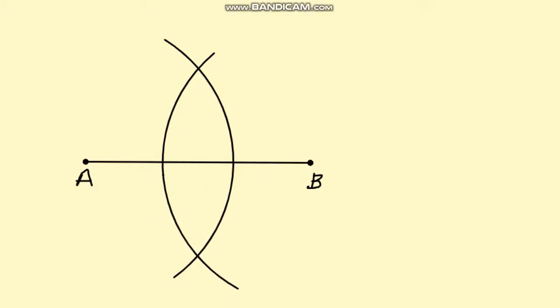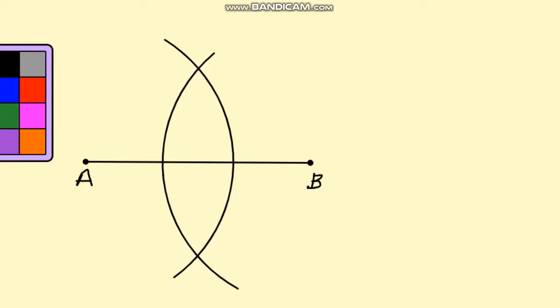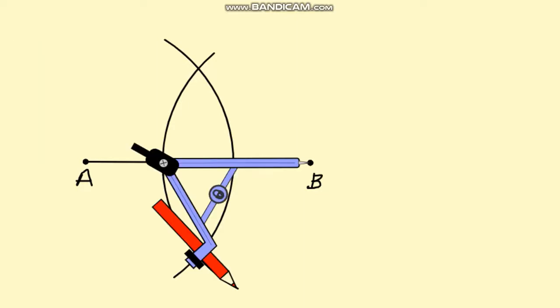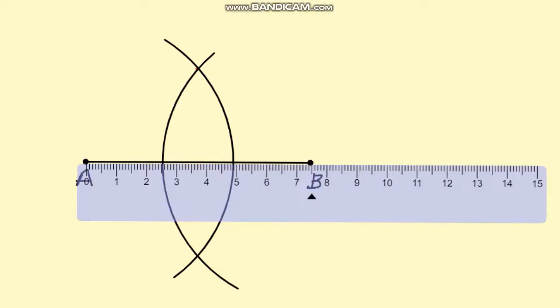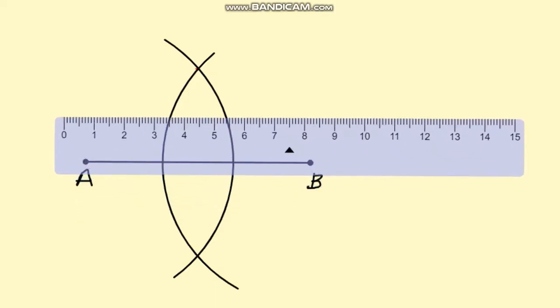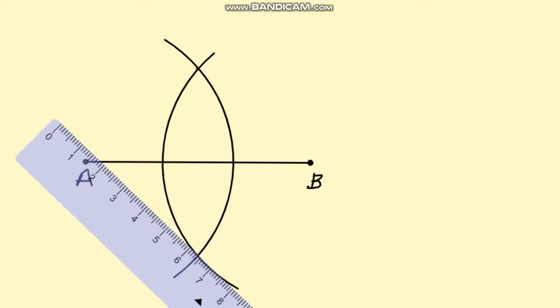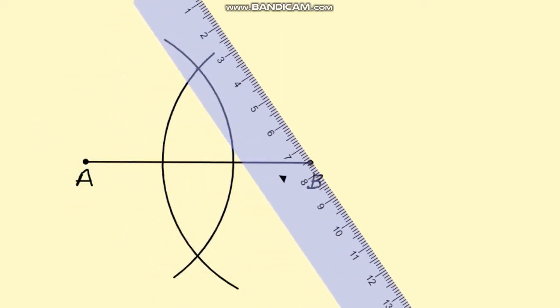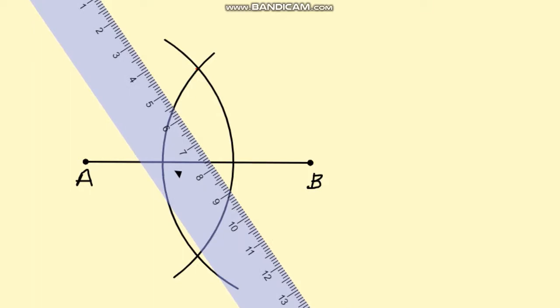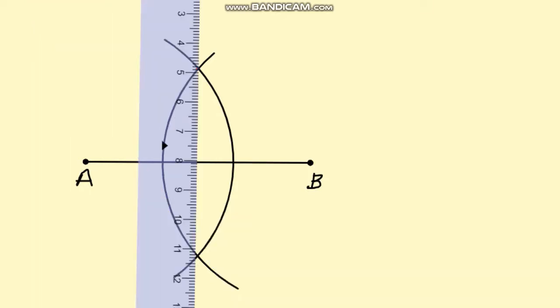Now you have got 2 points, 1 point here and 1 point here. Now take your ruler and join these 2 points.